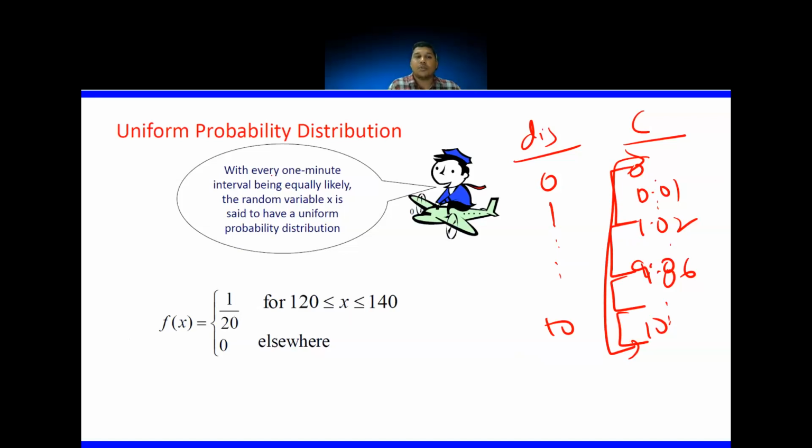So with every 1 minute interval being equally likely, the random variable x is said to have a uniform probability distribution.